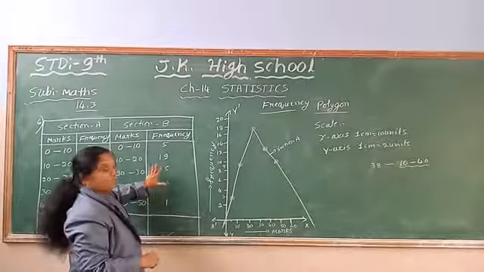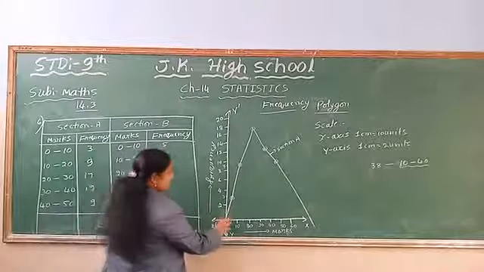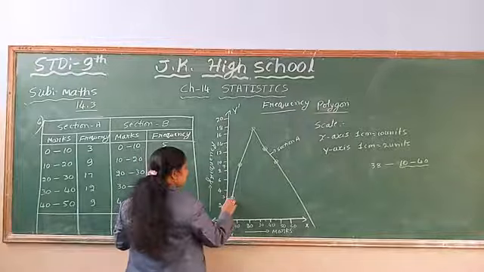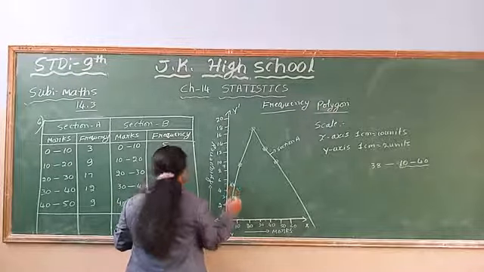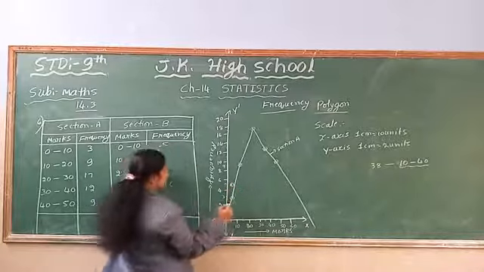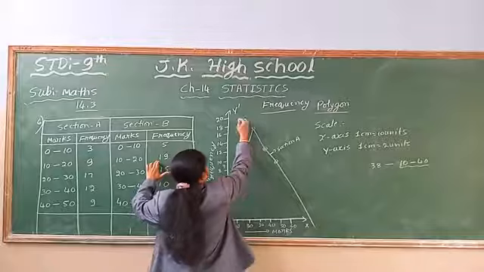Next, section B, you have to mark now. For 0 to 10, 5 at the midpoint only, and 5 comes here. Then 10 to 20, 19 children, at the same midpoint.